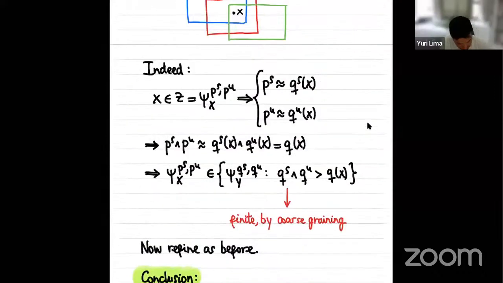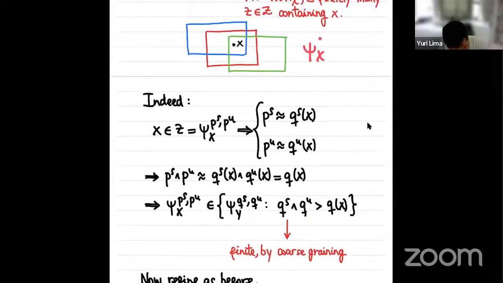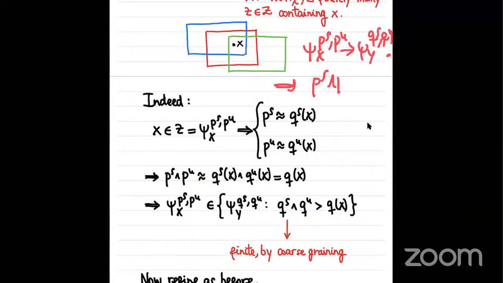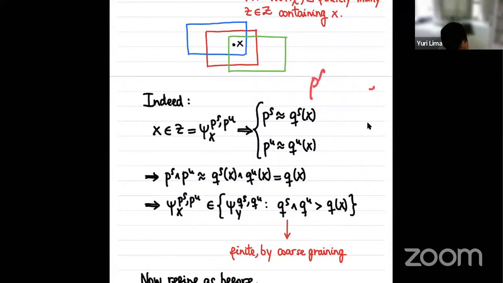Well, if you get two guys, it's not because of this, but just because of the recurrence relations between an edge. If you have an edge, you have the relations between PS, PU, QS, and QU. So this implies that the minimum of PS and PU over QS and QU is close to 1.